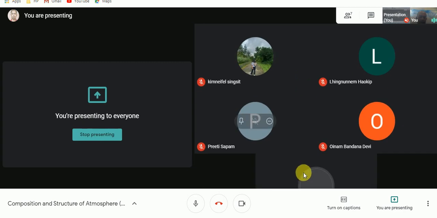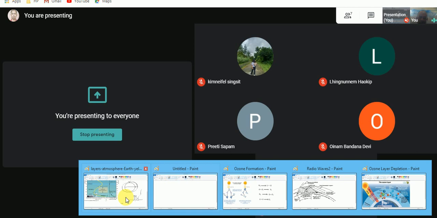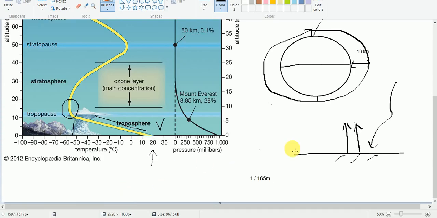And you must know that the Tropopause acts as a lid of a container. Since it acts as a lid of a container, dust particles and water vapor cannot pass through this layer, and that is why we find the maximum concentration of dust particles and water vapor in this layer.